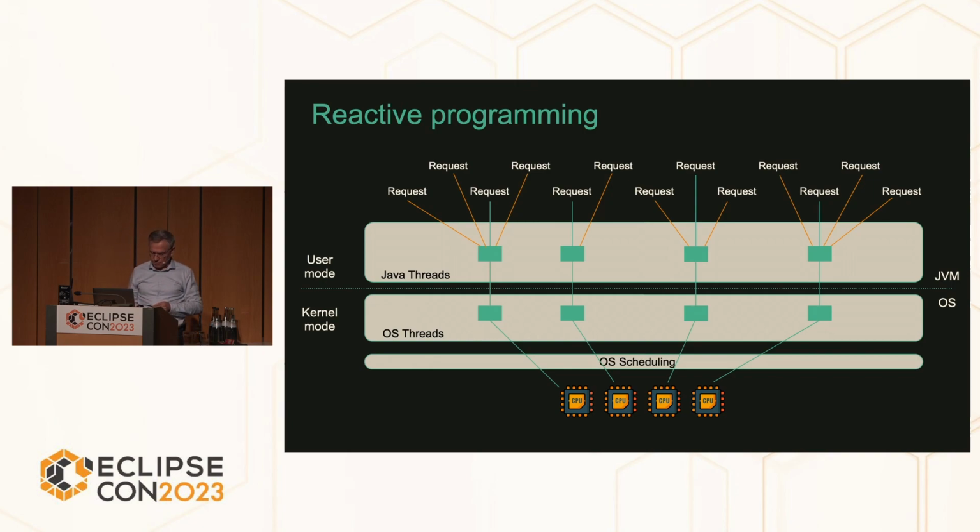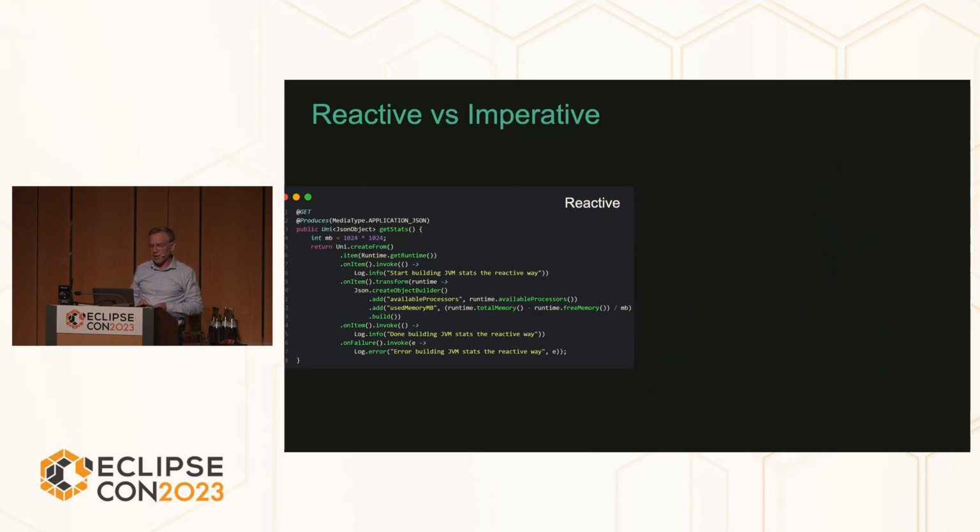Very efficient, but coding reactive is difficult. First, there is no standard. You have to choose a library: RxJava, Mutiny, Reactor, Vert.x, whatever. Basically, you have to implement pipelines that react in an asynchronous way to events.